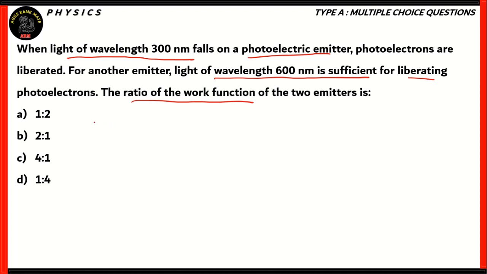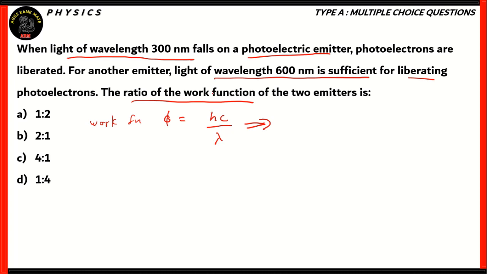Now, what is work function? Work function mathematically is phi, and it is equal to hc over lambda. Here h is Planck's constant, c is the speed of light, and lambda is the wavelength.